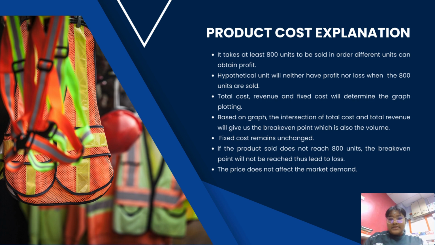The fixed cost will remain unchanged. As we know, the fixed cost was determined using many perspectives, such as the material, the quality, and more. If the product sold does not reach 800 units, the break-even point will not be reached. Thus, it will lead to a loss.